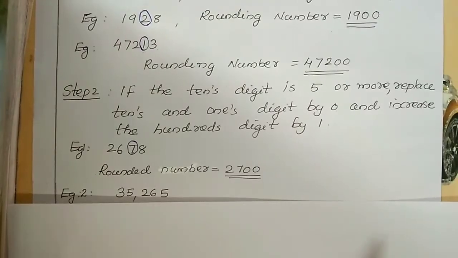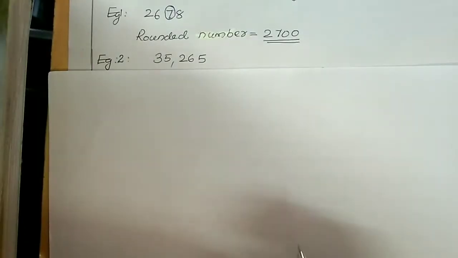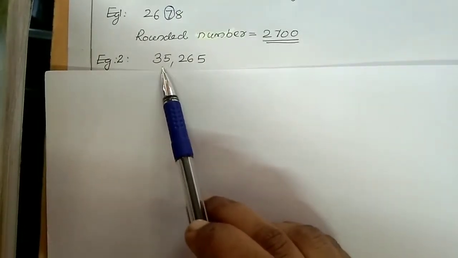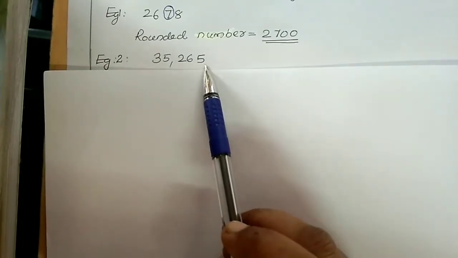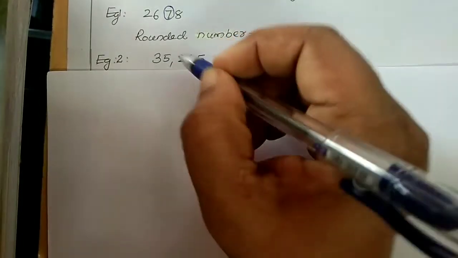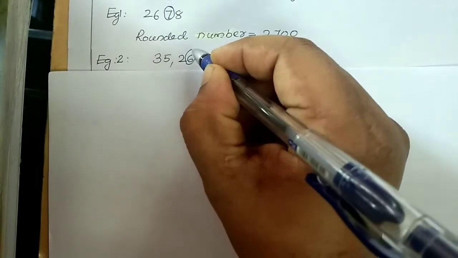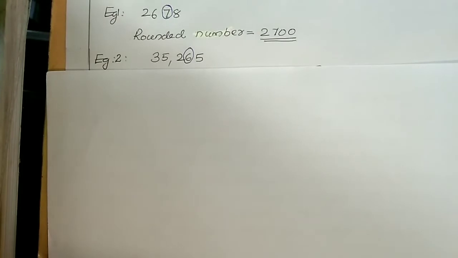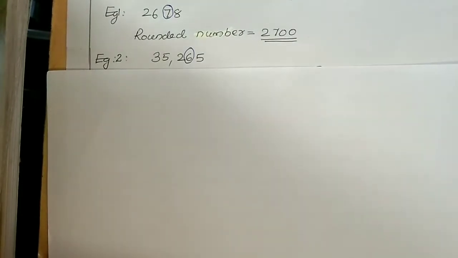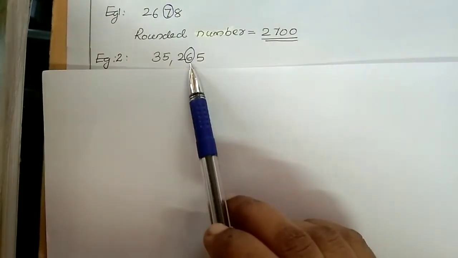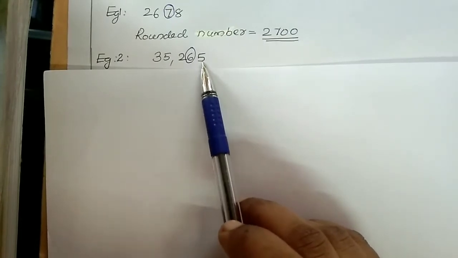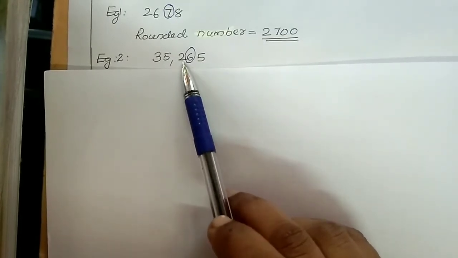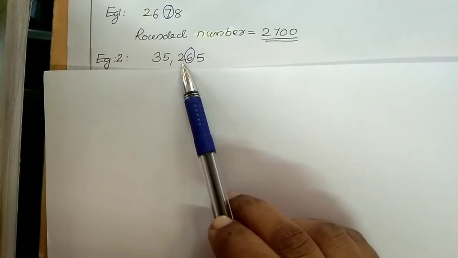Then another example, 35,265. Here also, which is our tens digit? It is 6, which is more than 5. So which is our step? Yes, replace the tens and ones place by 0 and increase the hundreds digit by 1.